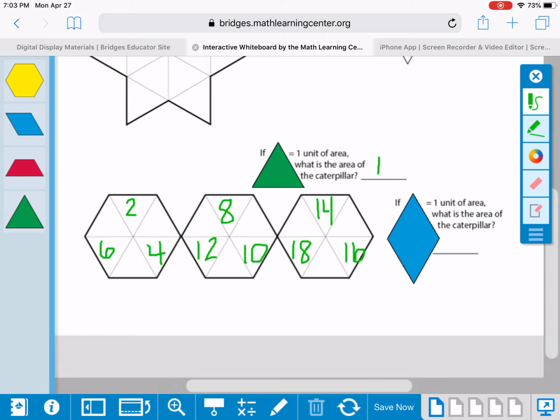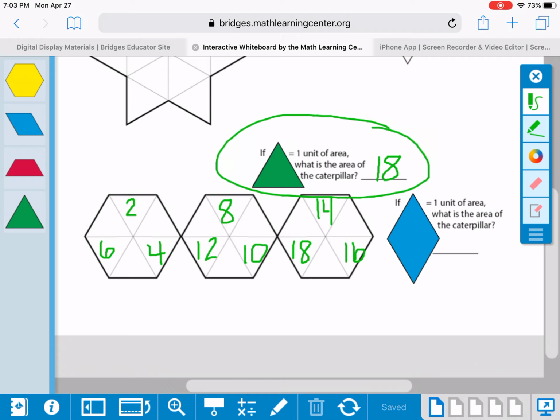So I have 18 triangles inside of my caterpillar. So a triangle equals 1 unit for my first little problem here. So if a triangle equals 1 unit of area, then the caterpillar is 18 units, the whole caterpillar.